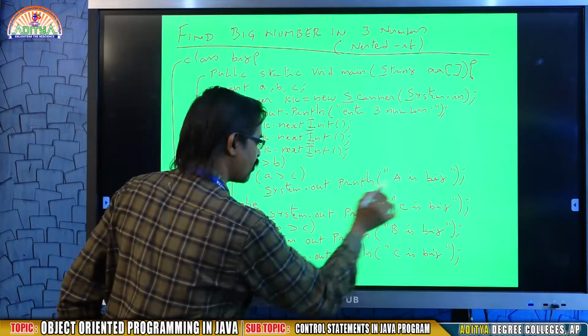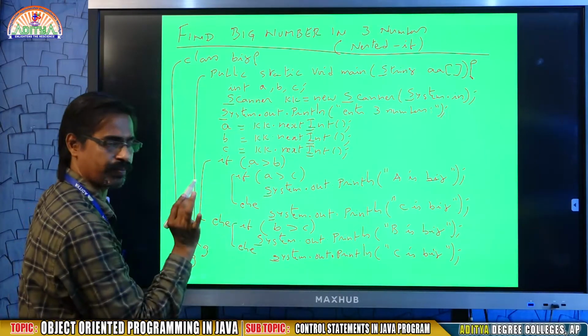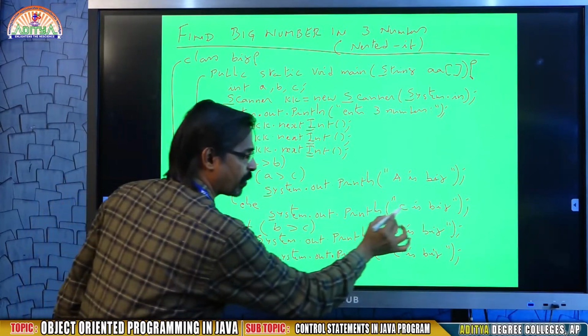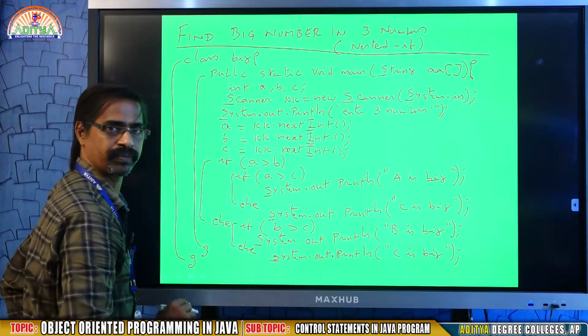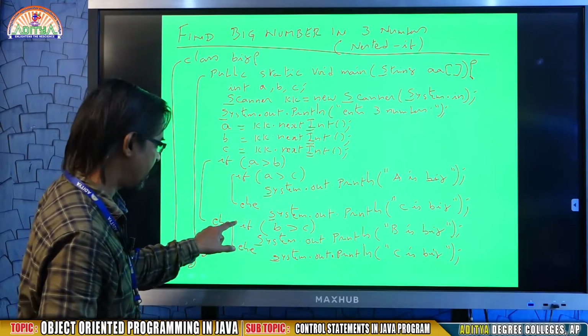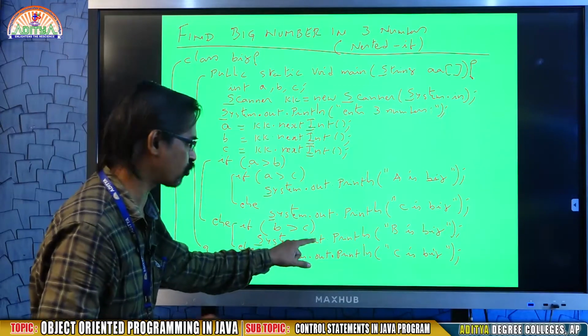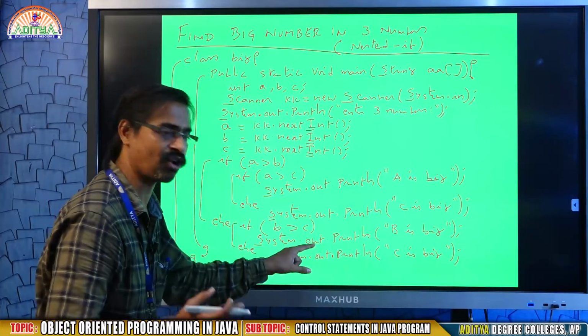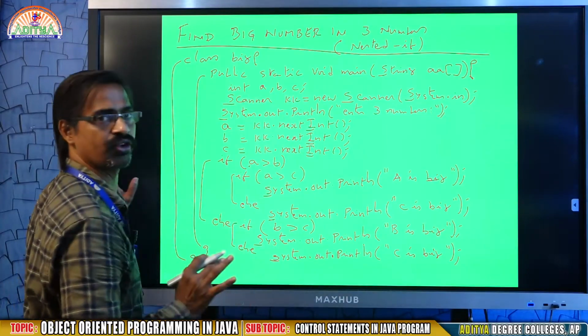Then it will print A is big and then go out. In case A greater than C is wrong, then it will come to else, print C is big and then go out. In case A greater than B is wrong, it will come to else. Here, if B greater than C is true, B is big and then go out. In case B greater than C is wrong, it will print C is big, go out.